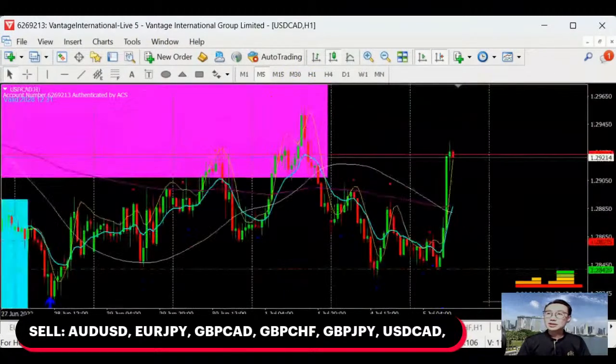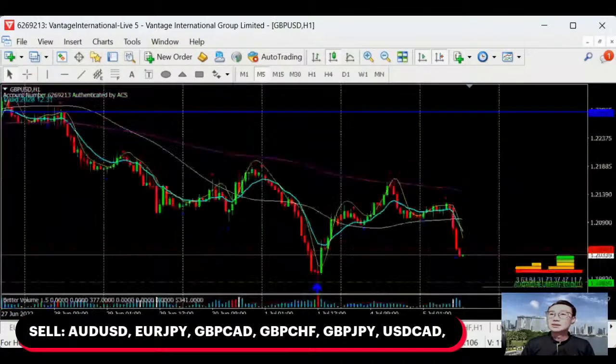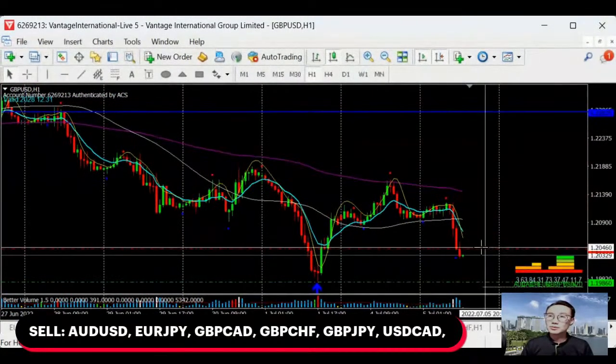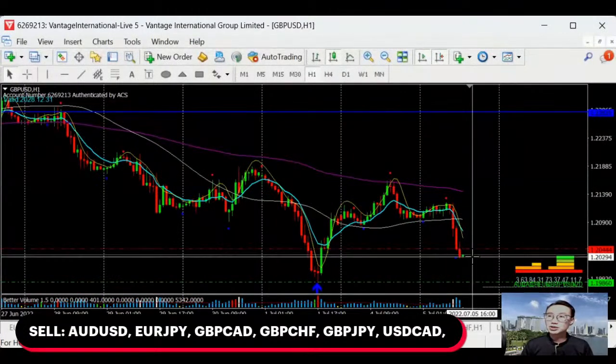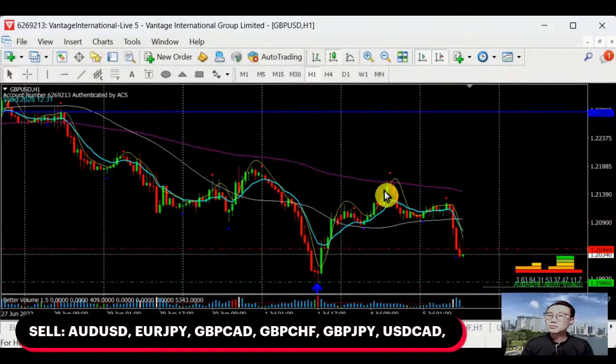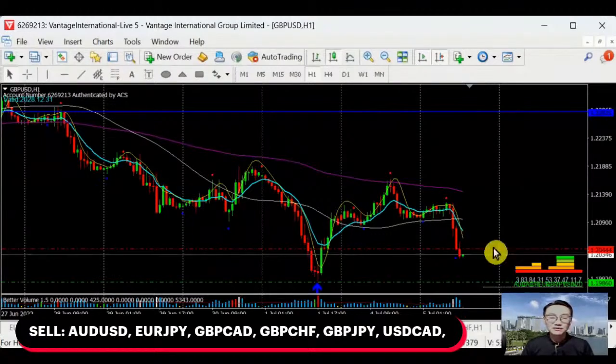Dollar cat, if you are buying just now, Vince, I think it is not advisable. Pound dollar, if you are buying, I would also say not really, because the support pushed through once and now it's coming back again. A pullback is possible for pound dollar, but it will be very short.